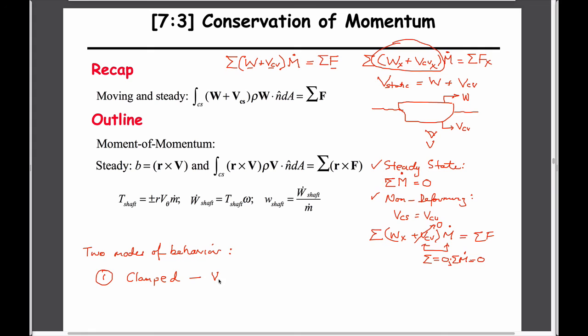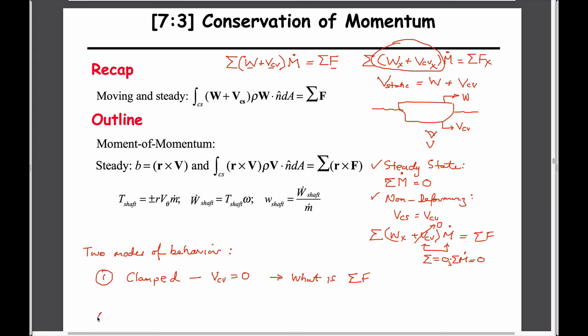And so by definition, the velocity of the control volume is equal to 0. And so in those cases, we'd like to know what is the force that we have to apply to keep it in place. So sprinkler idea, you clamp it, there's a force, it's trying to turn against you, but it's not moving. Control volume is static, but you have to apply force to do that, or in a linear case.